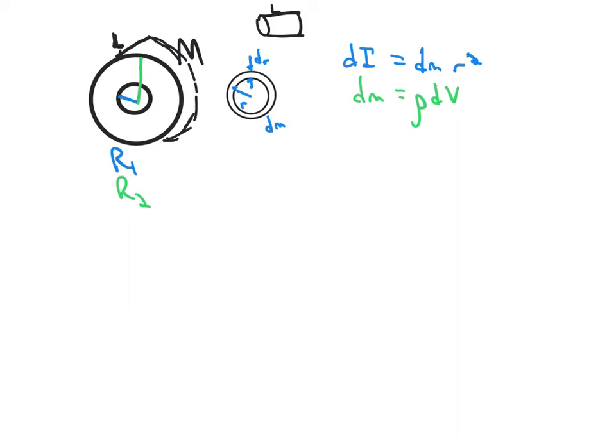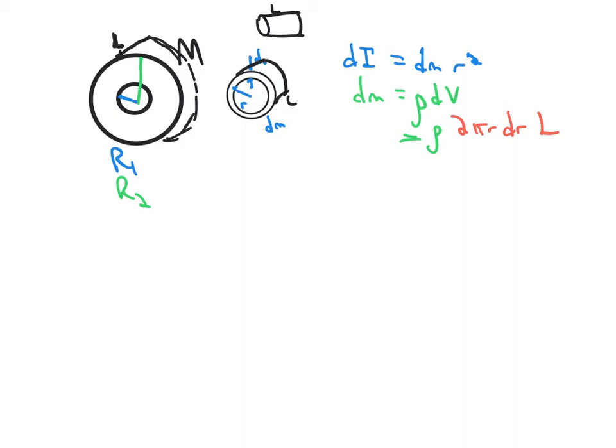So the volume of this thing, which has the same length L, is the circumference, 2 pi r, times the thickness of the ring, dr, times the length of the tube, L. So we get that dm is rho times that.